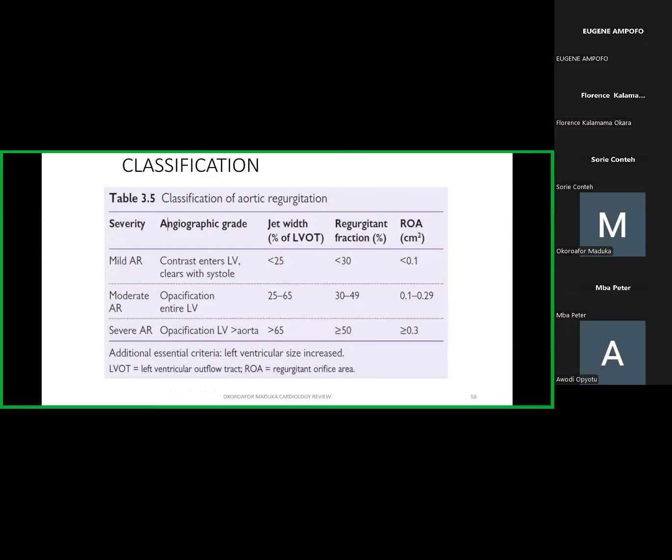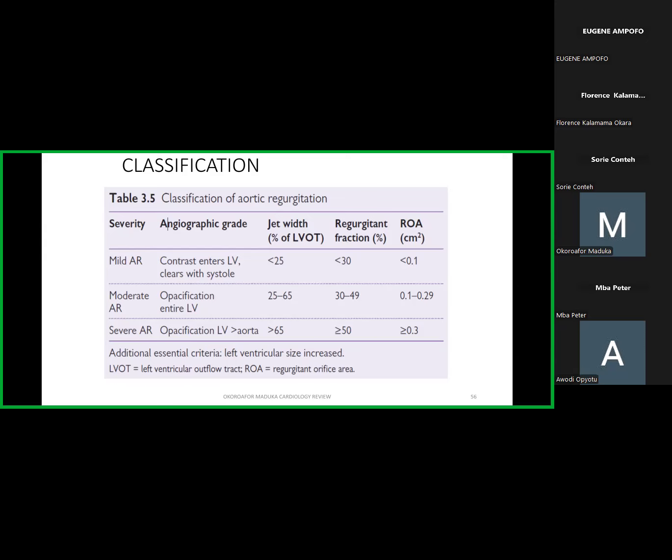The classification of aortic regurgitation based on severity. So you can see the regurgitant fraction, the values there. Let's go straight to the severe.